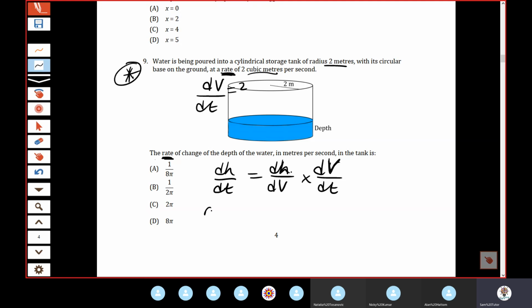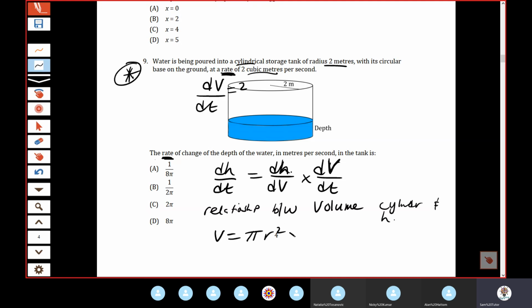We need a relationship between volume of a cylinder and height, pretty much.